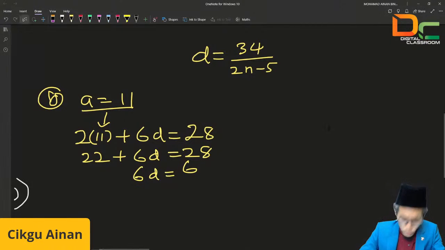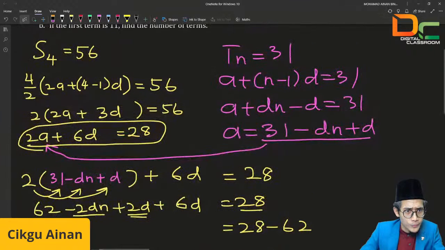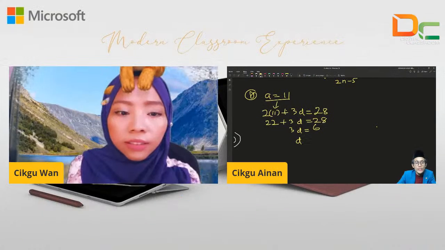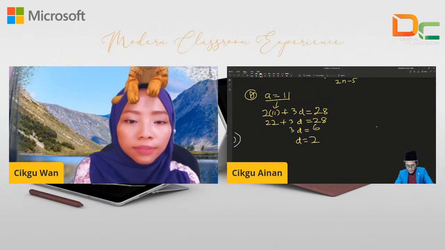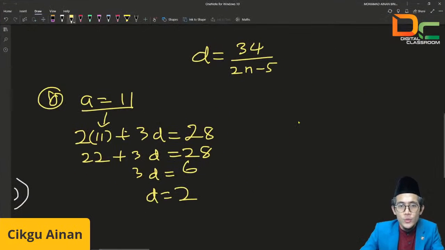Apa salah je ni? Oh, it should be 3D. Salah lagi. Sorry, this should be 3. Okay, so D is 2.